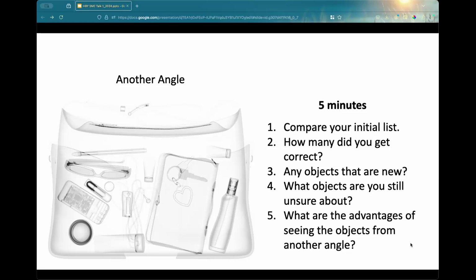And now we also have maybe what might be a notebook or a journal. We could kind of see the outline before, but it was really hard to tell what it was. So definitely the ability to see things from a different angle gives us a lot more information about what it is that we are looking at.